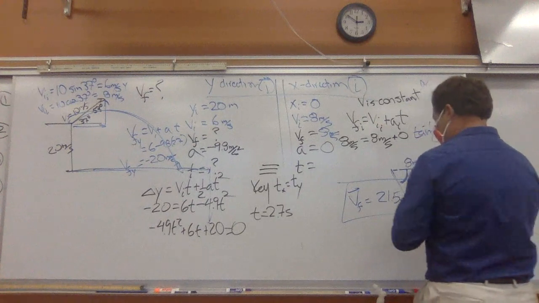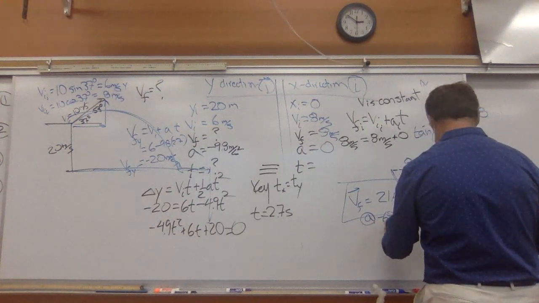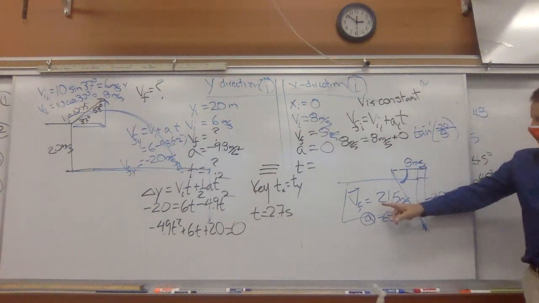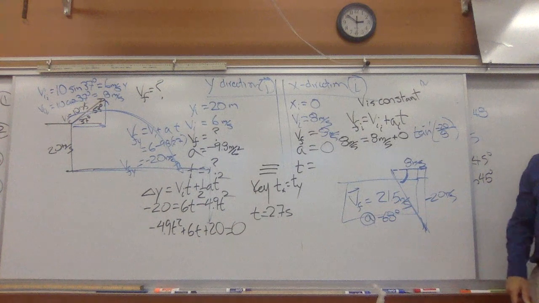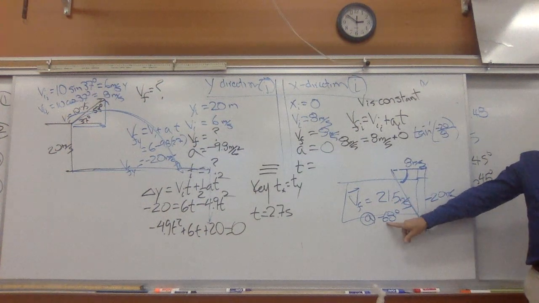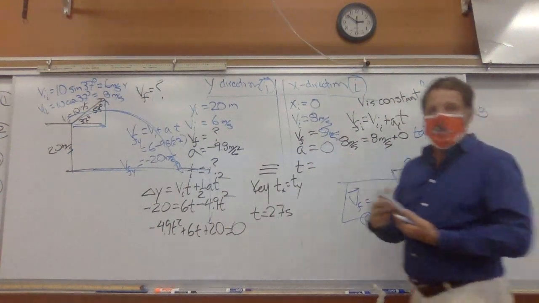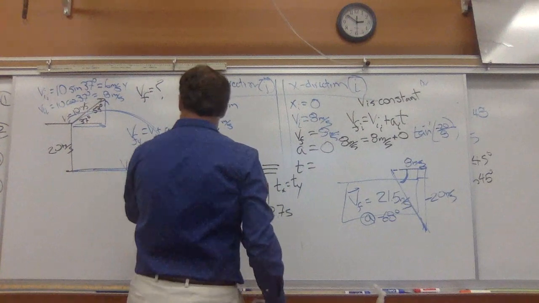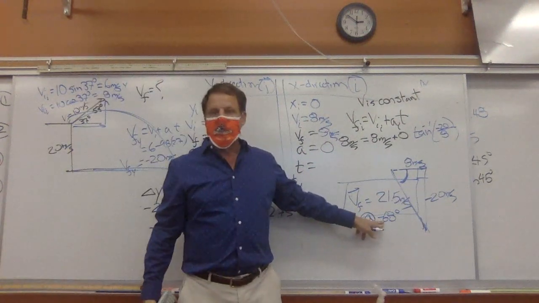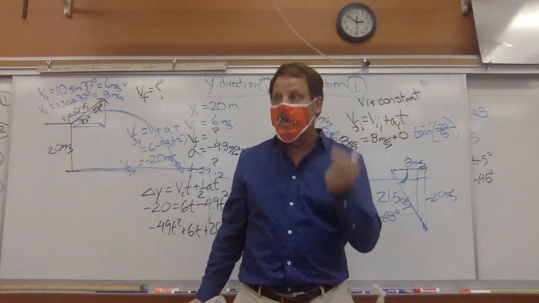So I have 21.5 meters per second at negative 68 degrees. Now, that's from our standard position being 0 degrees. We could say 68 degrees below the horizontal.